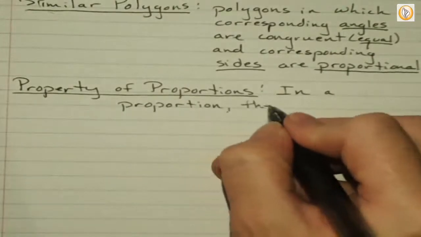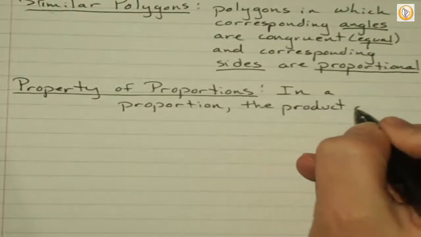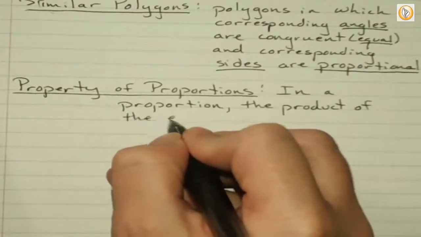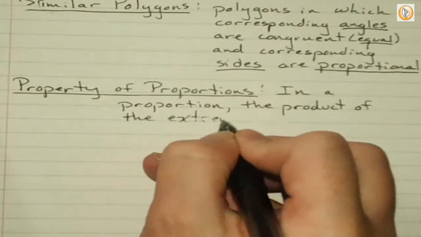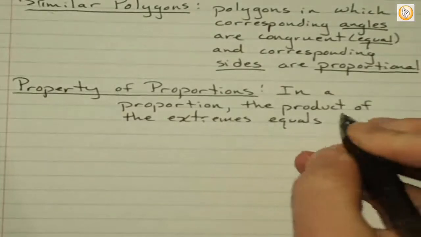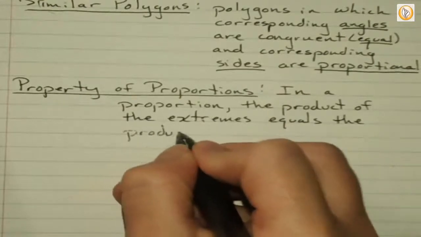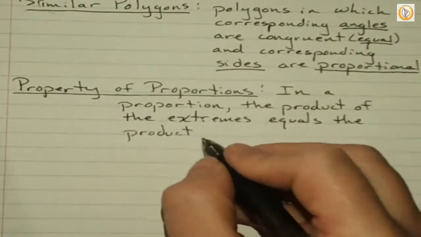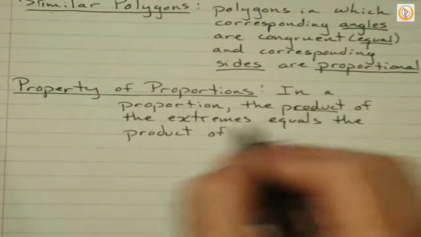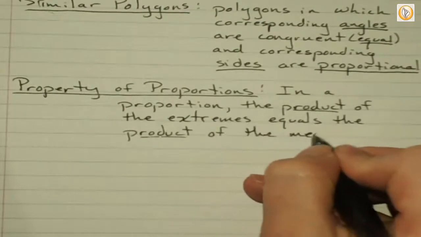The product of the extremes equals the product of the means. What does product mean? The answer to a multiplication problem. Very good.